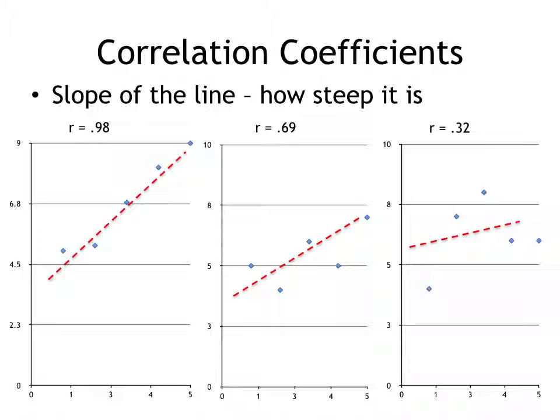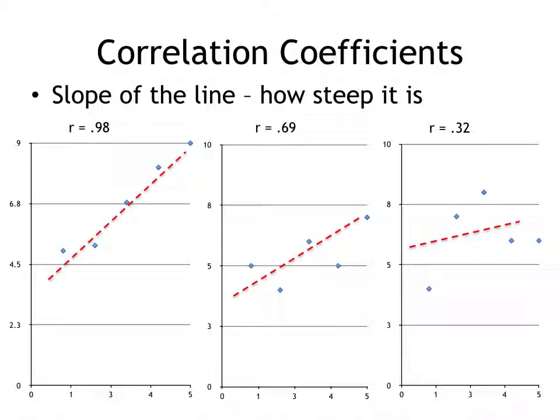In the left graph, the correlation coefficient is 0.98. We indicate it with a small r. That shows you your correlation coefficient. So the correlation in this line is almost 1. It's a very, very steep line.